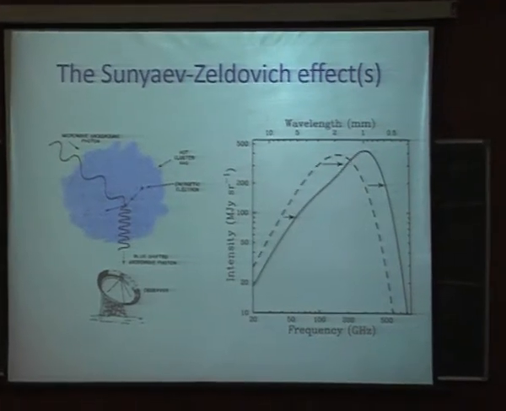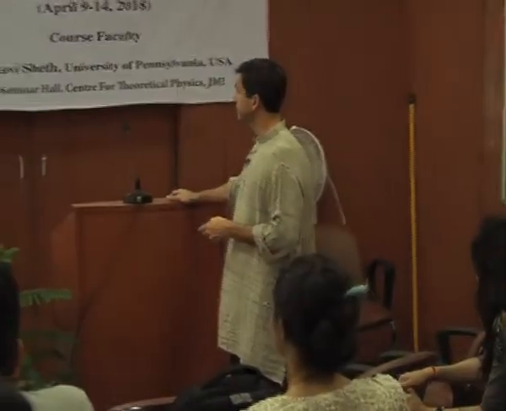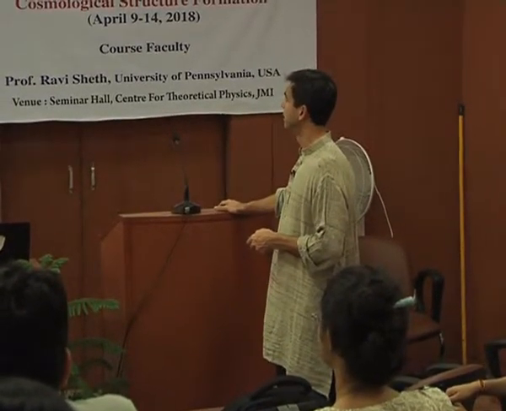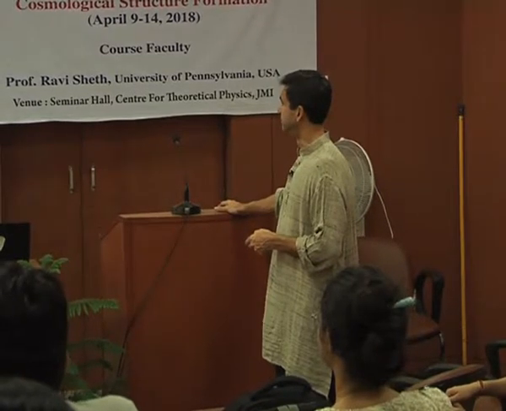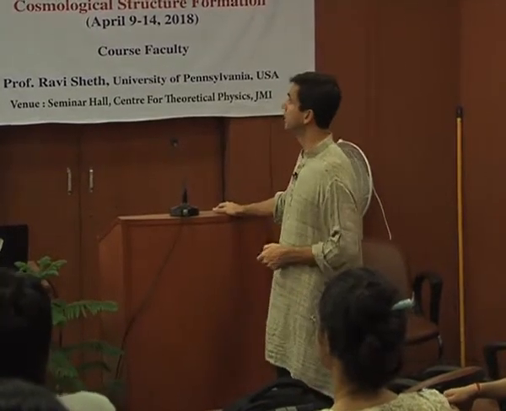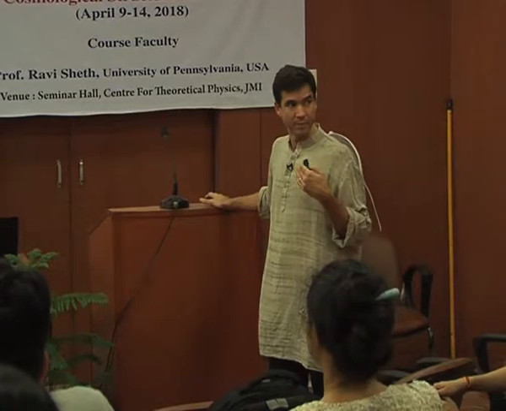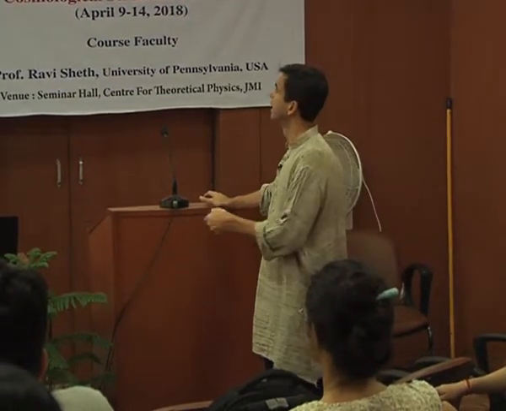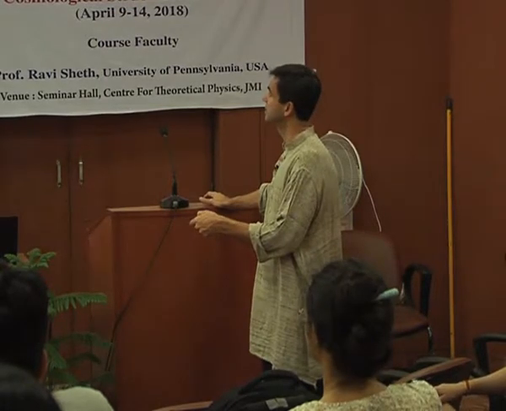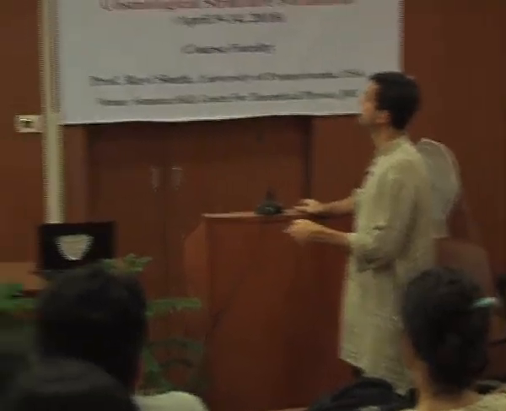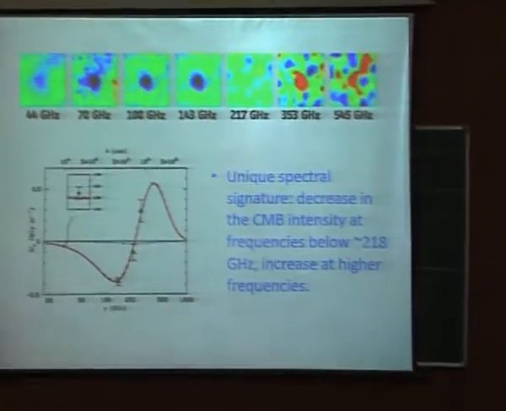And so what does it mean? It means that if you look at a patch of the sky for the CMB photons, the cosmic microwave background, you're looking at microwaves. These are the different frequencies, and as you look at the different frequencies, you see a different signal.